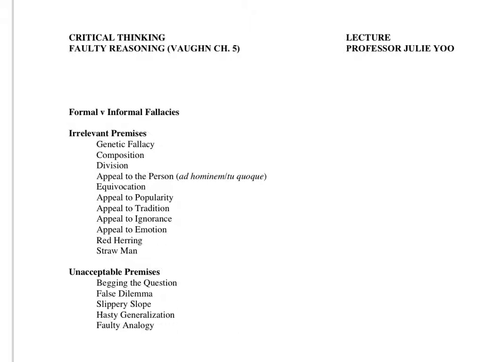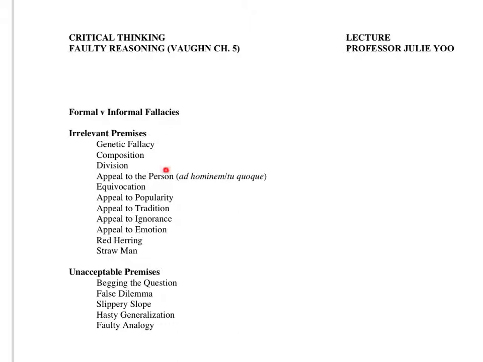Okay, so I'm at the very beginning table of contents of this week's lecture on faulty reasoning. Another term for that is fallacies. And this lecture, as you'll see, is basically about informal fallacies, and I'm going to explain the difference between formal versus informal reasoning in a minute.